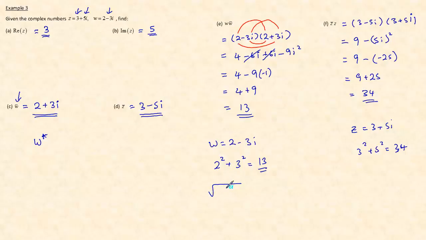Well, if you square root that, that's the modulus of w. And the same over here, if you square root 3 squared plus 5 squared, that's the modulus of z. So it appears from here that w w bar is the same as mod w squared, and over here z bar z is the modulus of z squared, and we'll be looking at that in the next example.